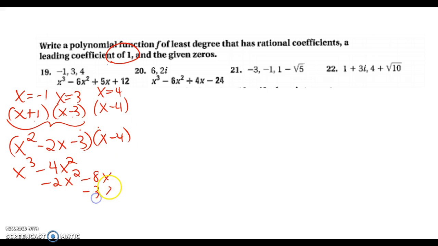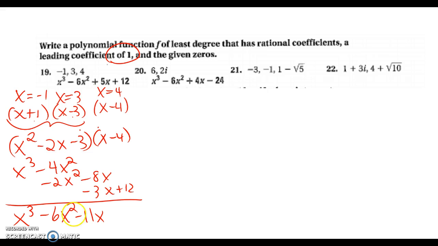I'll have -3x plus 12, x to the third, minus 6x squared minus 11x plus 12. So I have a problem here with this one. I think I have a sign that's incorrect. Yes, -2x times -4 will be a positive 8x. And this will be a plus 5x. So we match the answers.